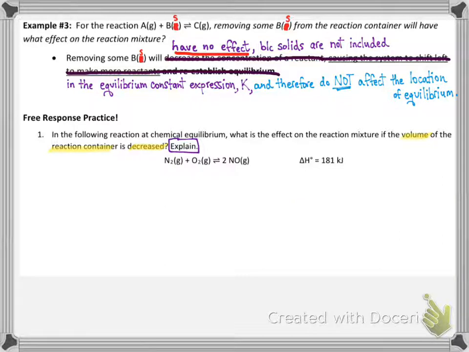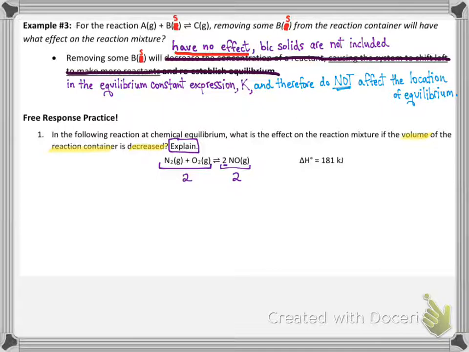Okay. First things first, we're talking about volume, which basically, changing the volume changes the pressure, right? So you have to consider the number of gas particles on both the reactant side and the product side. Well, there are 2 gas particles on the reactant side, one N2 and another O2. And hey, look at that. There are 2 gas particles on the product side.